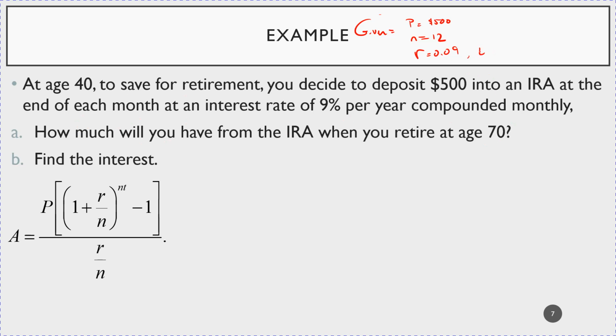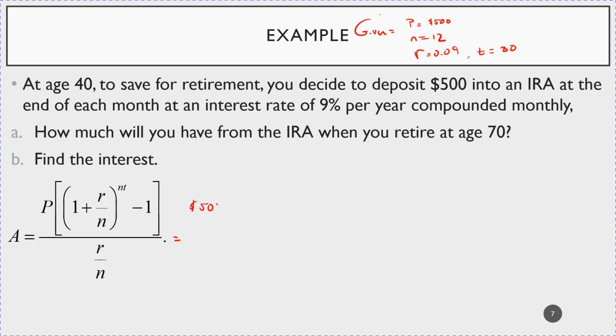Well, t here, if you're going to start at 40 and go to 70, it's going to be 30 years. So you can see you're just going to plug it right into the equation. Again, here it's P times 1 plus r divided by n, raised to the n times t power, then subtract 1, and divide that by r divided by n. Watch what happens.